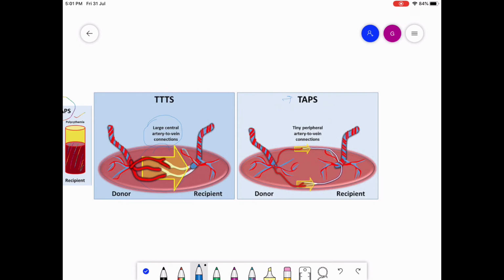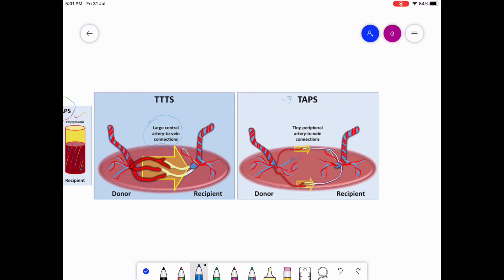So this TAPS is caused by the joining of a few small caliber artery to vein vessel connections, which is AV anastomosis. Arteries are the blood vessels that carry oxygen rich blood from the heart to the rest of the body. Veins are the vessels through which blood returns to the heart. These AV anastomoses are typically near the edge of the placenta and are less than 1 millimeter in diameter.